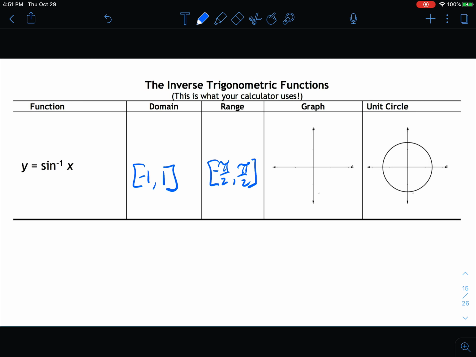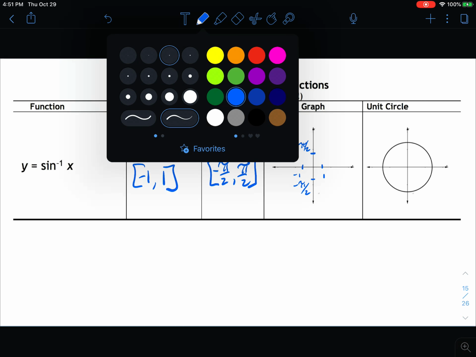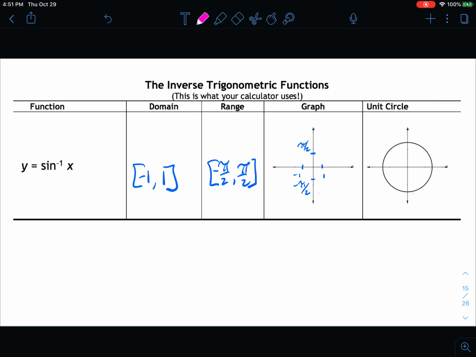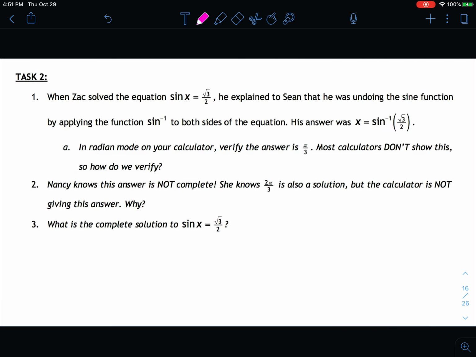The graph we're going to show has pi/2, -pi/2, and 1 and -1. Let me get a different color for this. Down here, up here, and up here, so it's kind of like that. And for the unit circle, again, we're using this part right here. Okay, so that is our inverse sine.